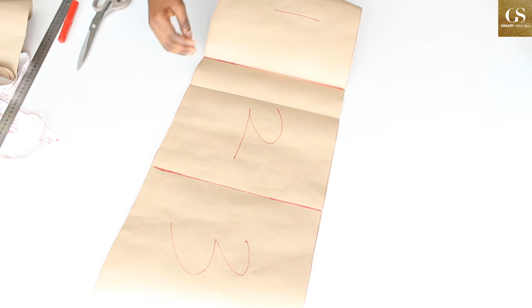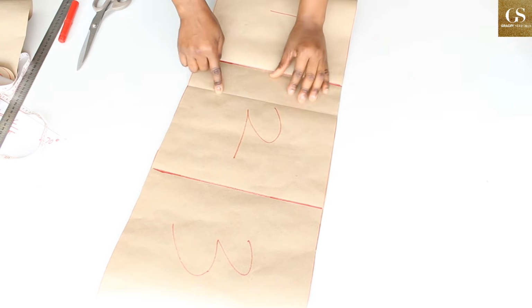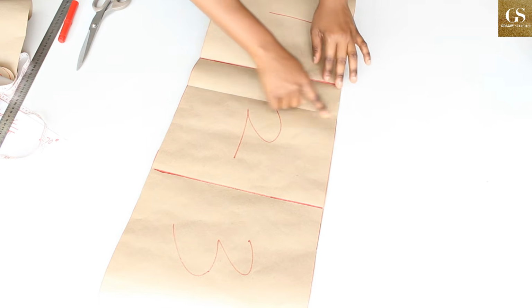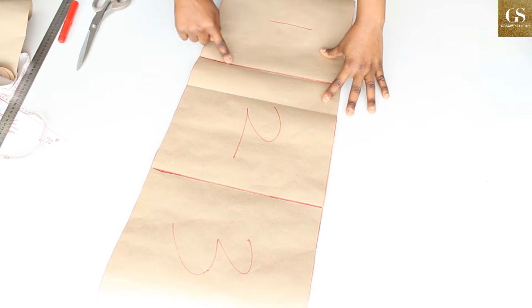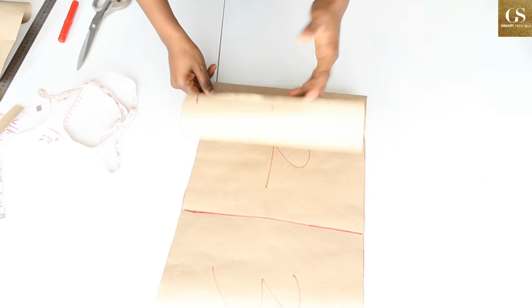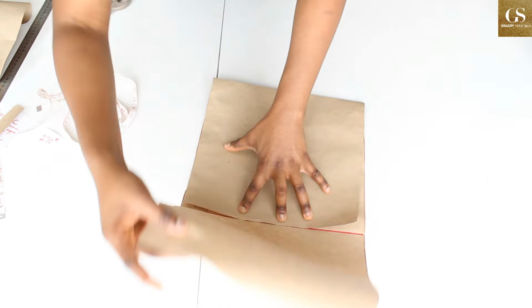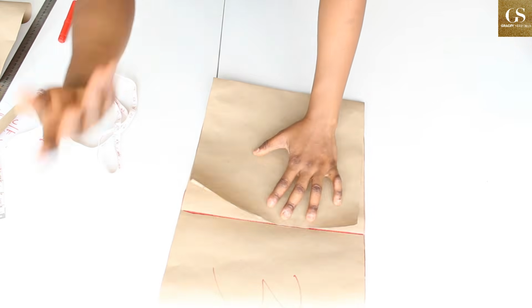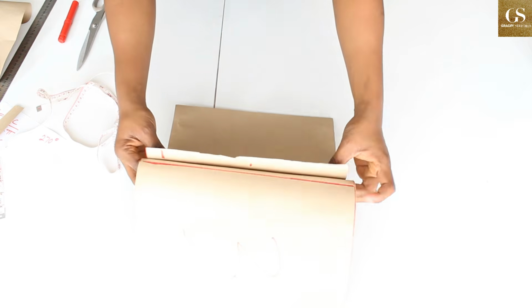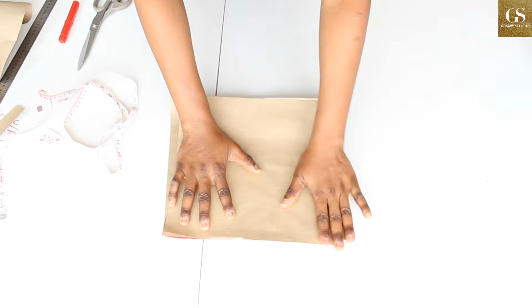You see how I folded it? Don't mind this crease here, all right? This is what you should look at, this line and this line, 1 and 2. But because I wanted you to see it, I folded it underneath it like this.